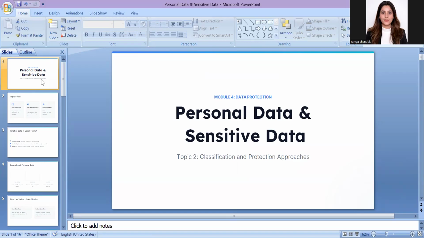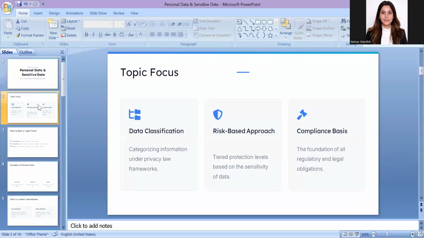So now the next logical question is, what exactly is the law trying to protect? Your data protection law does not treat all data equally. The law creates categories of data because different types of data create different levels of harm, and different levels of harm require different levels of legal protection.